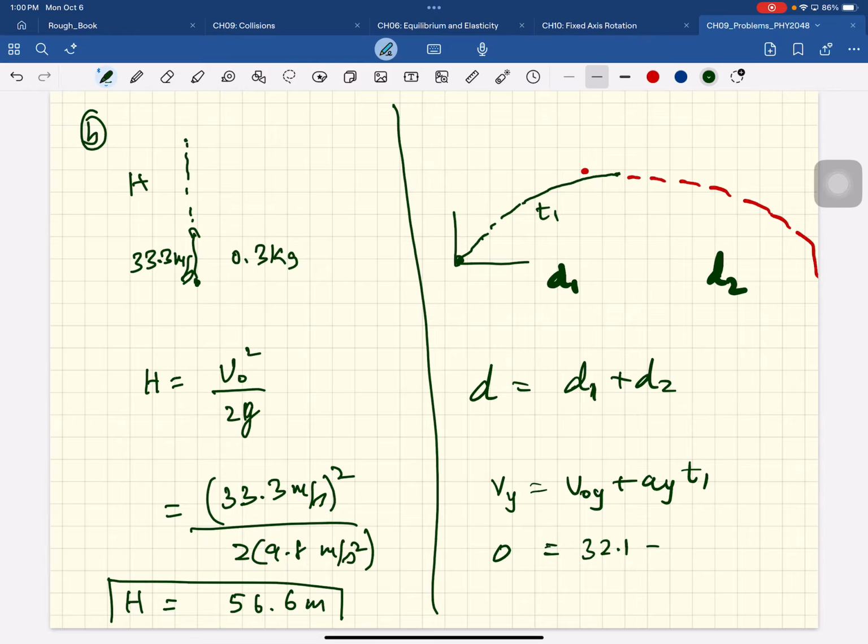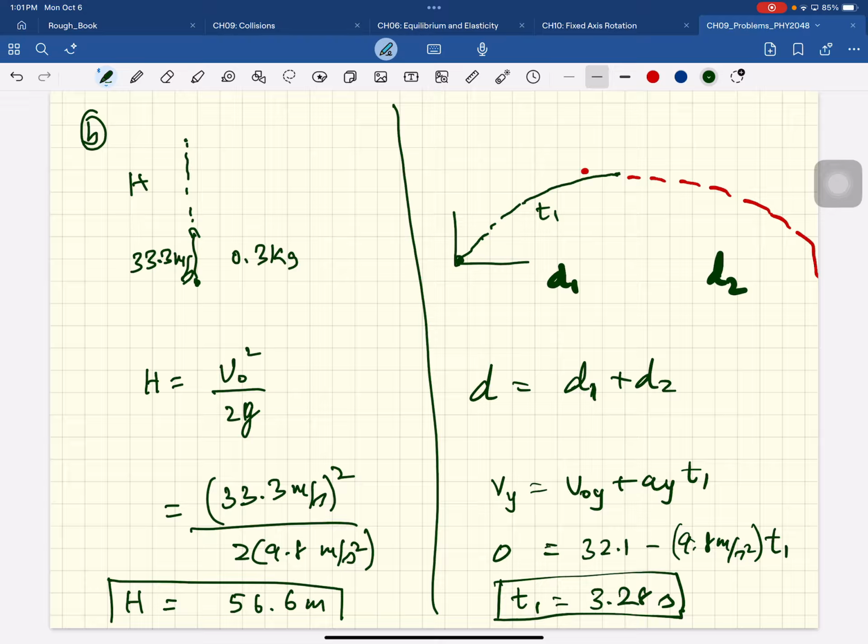It's negative 9.8 meters per second squared. And so T1: the shell gets to the top of its flight in 3.28 seconds.